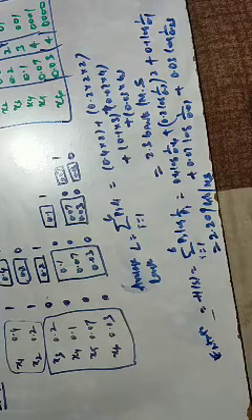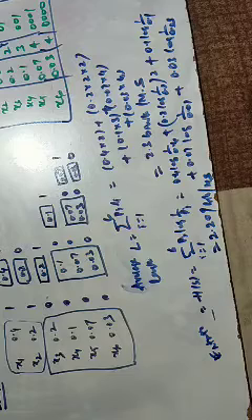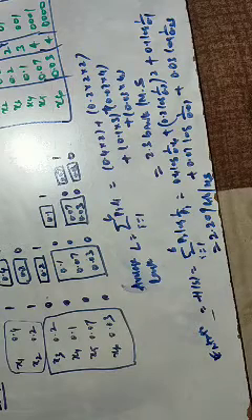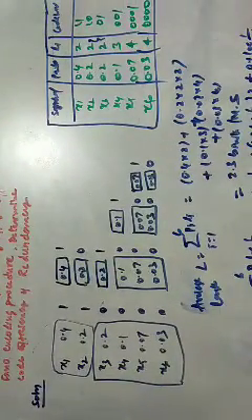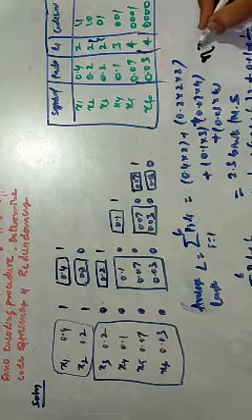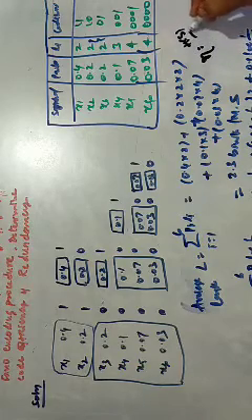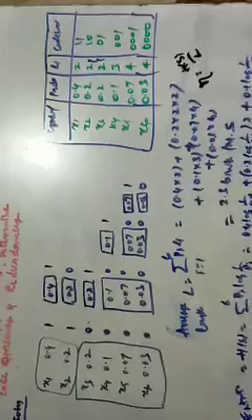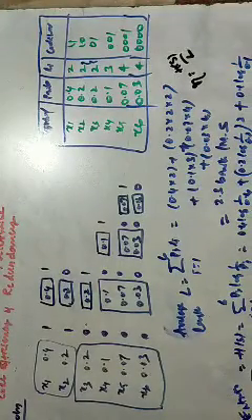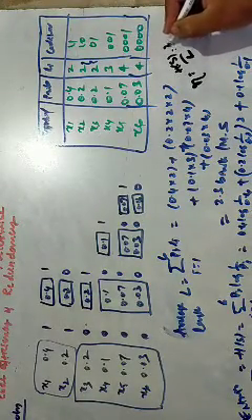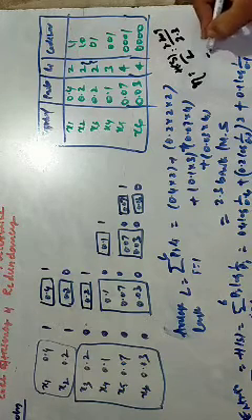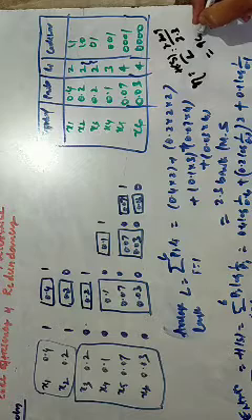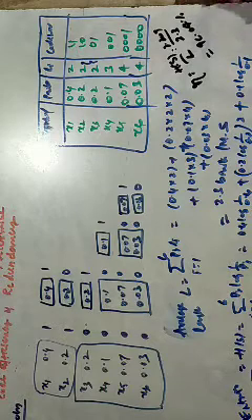See, L I got 2.3, whereas H of S you got 2.209. With this the efficiency is equal to H of S by L. Their answer is 2.209 divided by 2.3, and the answer is 96.04%.